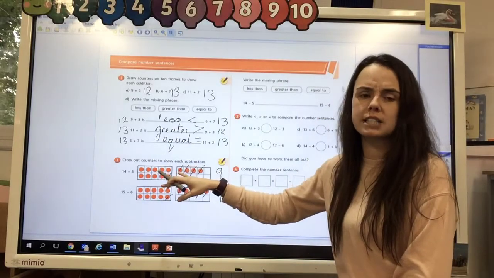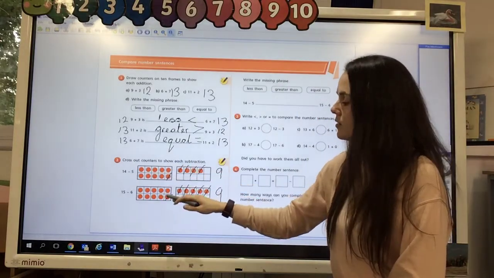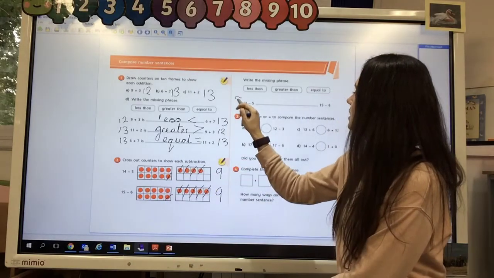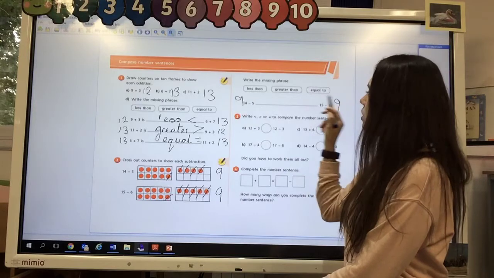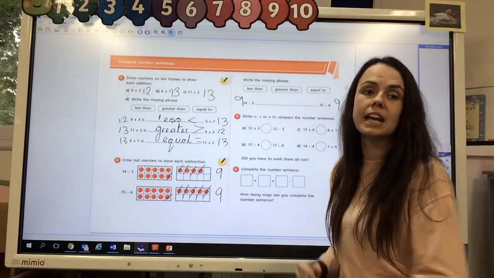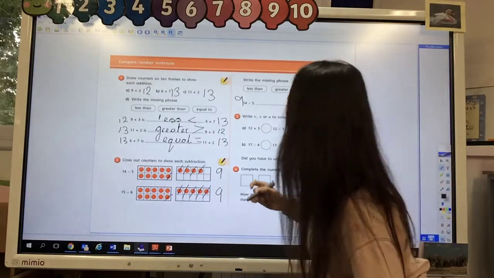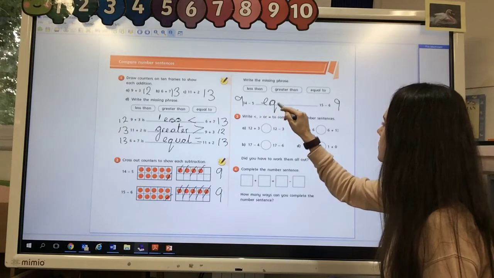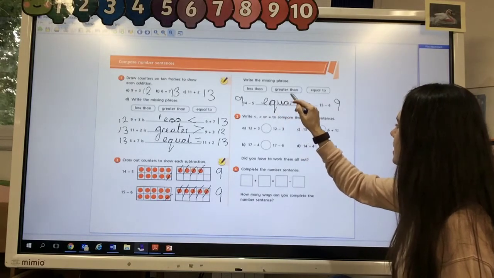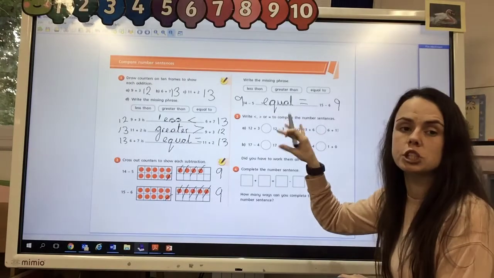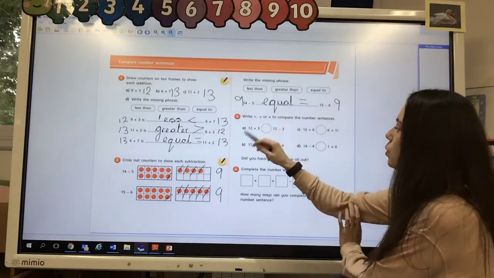Now we've just worked out 14 take 5 and 15 take 6 down here, and they both made 9. So 9, is it less than, greater than, or equals to 9? It's equals to, isn't it? It's the same as, so let's write that. So equals, or like that. Fantastic.